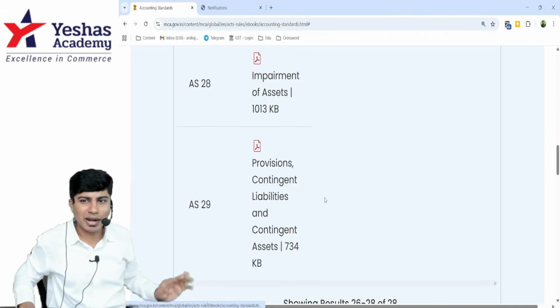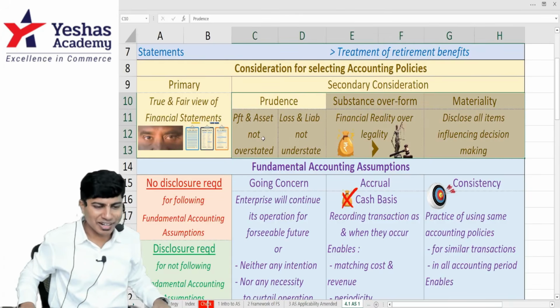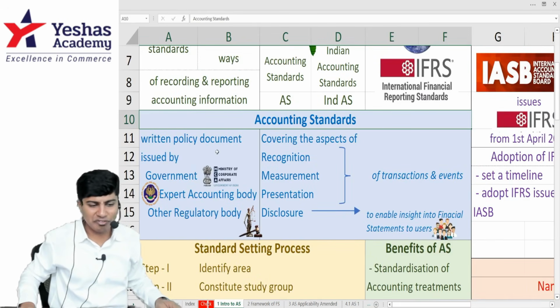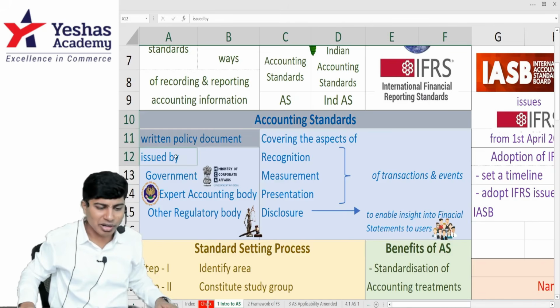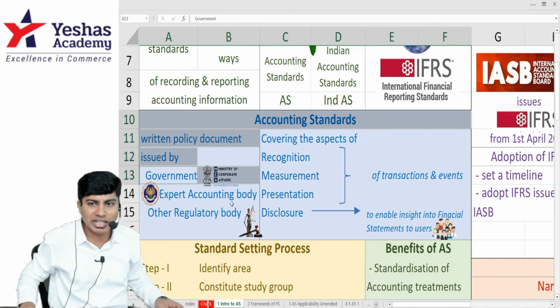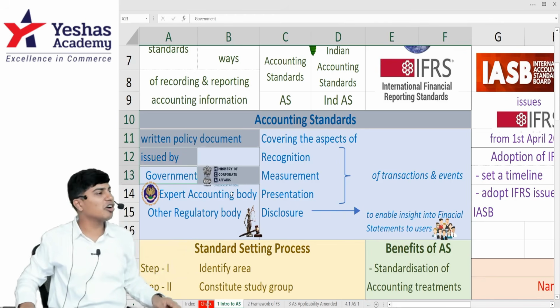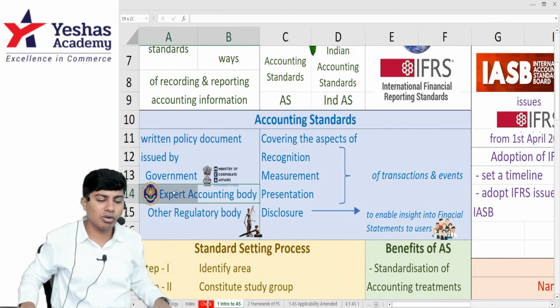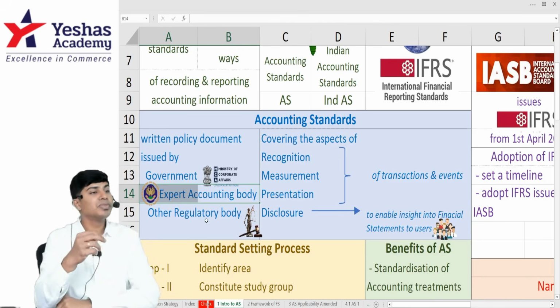Done. Okay, so what I'm trying to tell you is in chapter 1, in the introduction to accounting standards, the accounting standard definition is a written policy document issued by government. Government is MCA. Ministry of Corporate Affairs will issue accounting standards. There is one more entity which can issue accounting standards. What is the second line there?